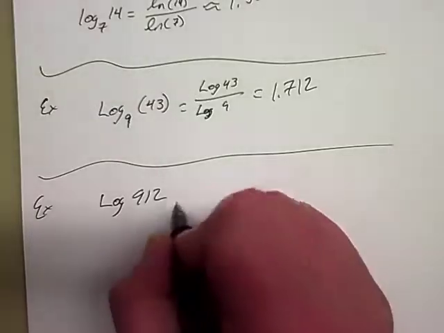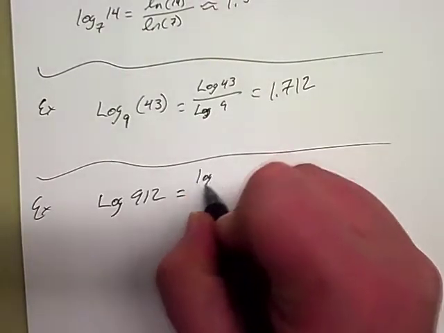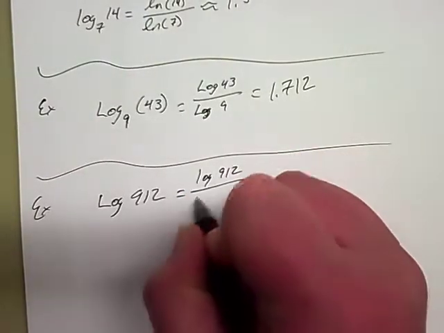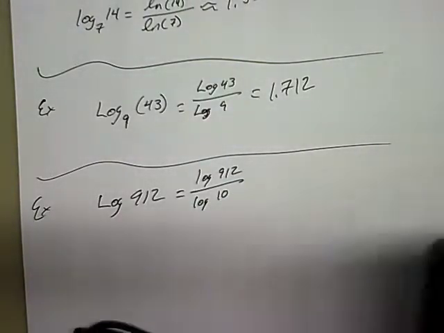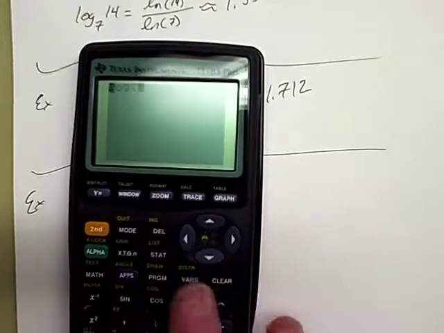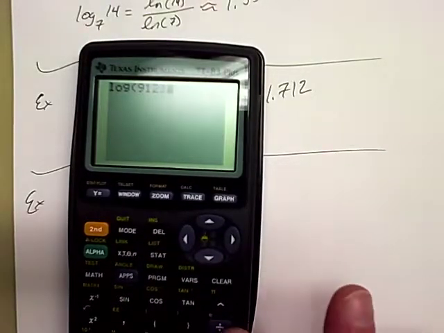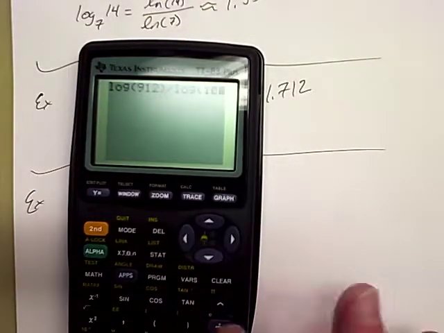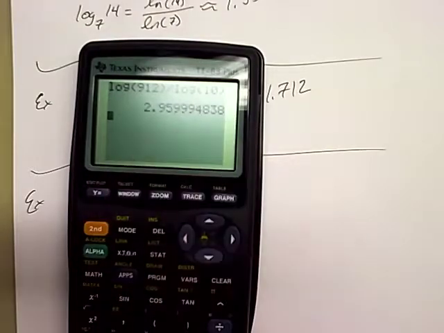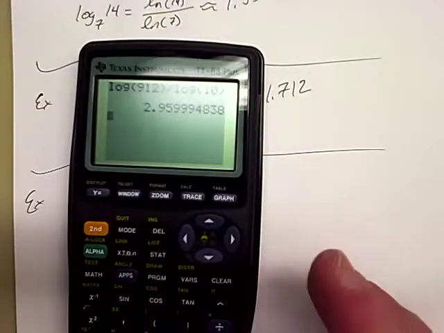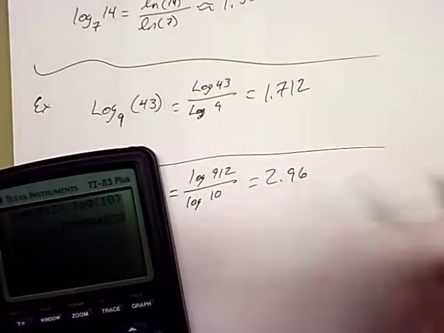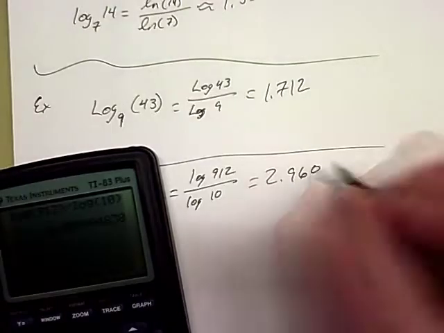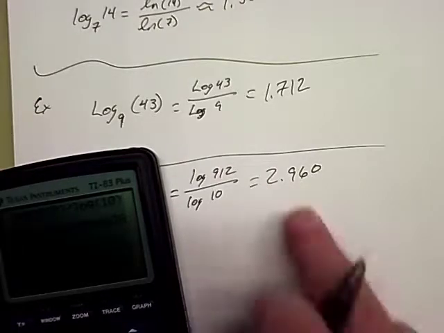So I get a lot of students that go, oh, okay, well, that's log of 912 divided by log of 10, right? And we'll go on your calculator and we'll do this. We get log of 912 divided by log of 10, and we get 2.960. I had to go to 3 decimal places, sorry.